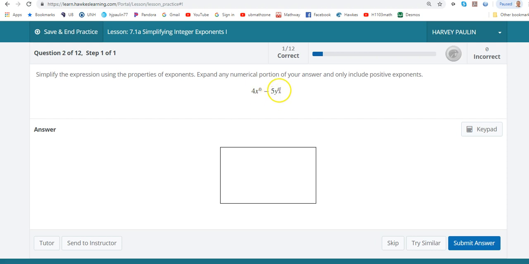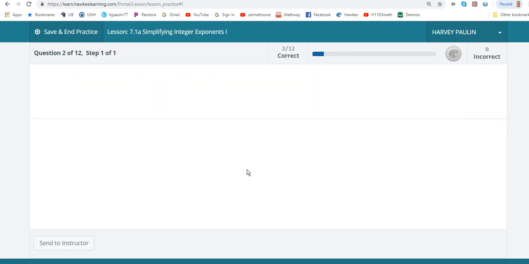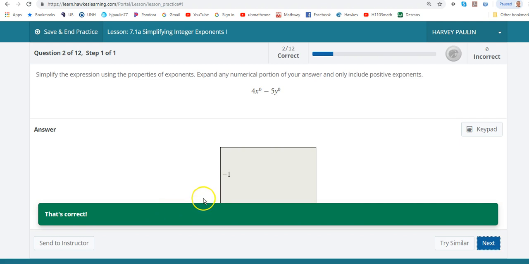And then y to the 0 power is 1. Anything to the 0 power is 1. So this would be 5 times 1, which is 5. So 4 minus 5 is going to be a negative 1. And you put that in and hit enter, and you see we have this one correct as well.